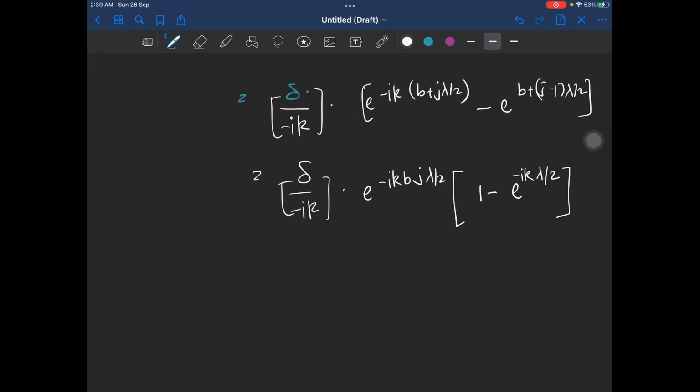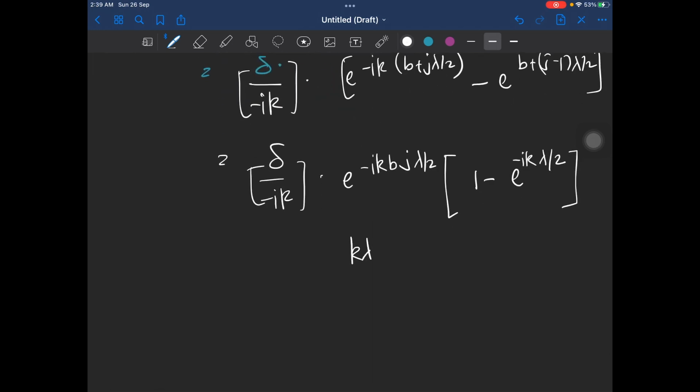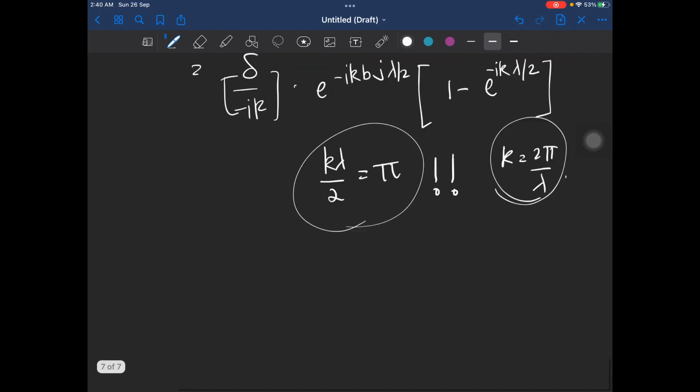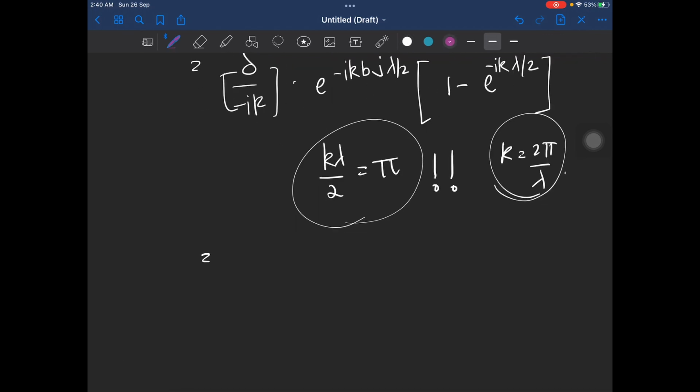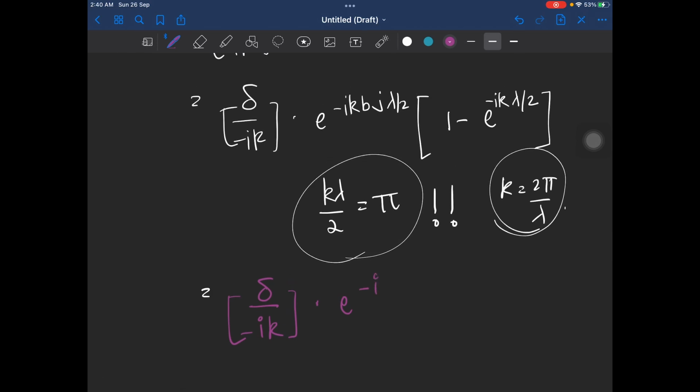Don't forget that k lambda by 2 will be pi, because k is of course 2 pi by lambda. So this turns out to be delta by ik times e^(-ib pi) times 1 minus e^(i pi).